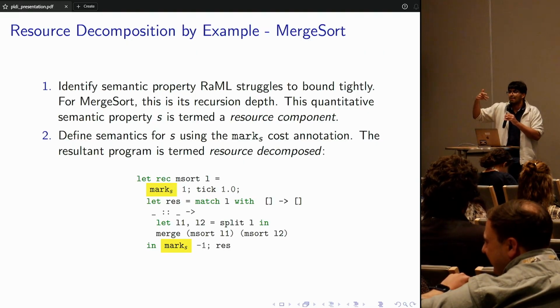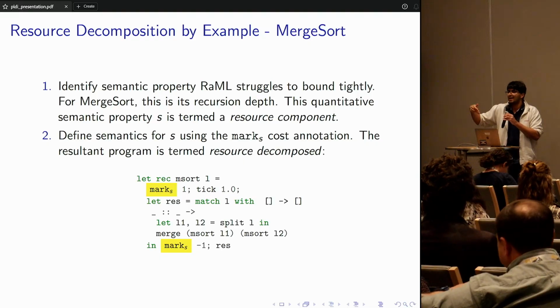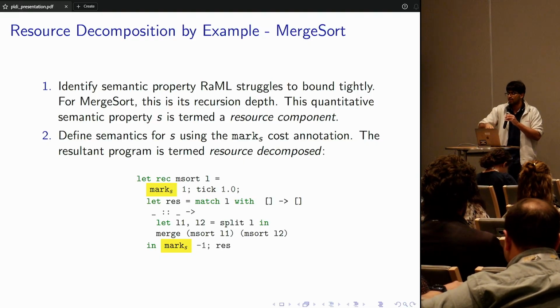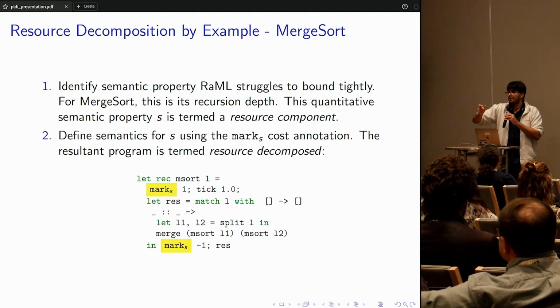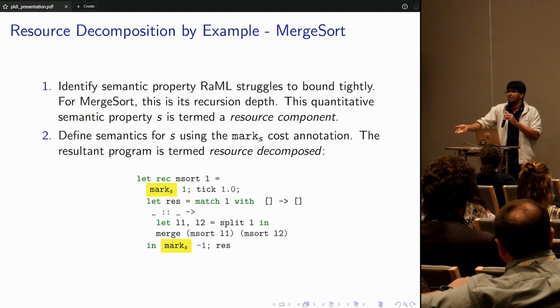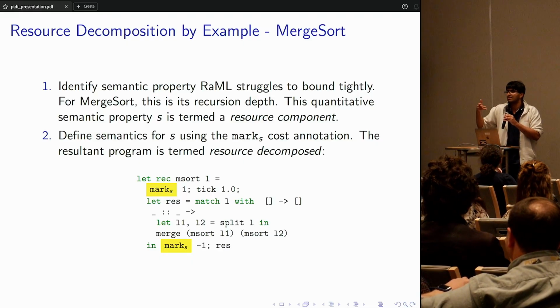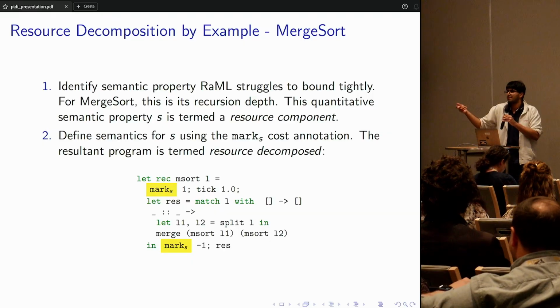Now, if the user happens to not use this domain knowledge and forgets to include these mark annotations, then the recursion depth of that function will be bounded by RAML, and we know that's going to be loose. So sure, you can just forget to put marks, and then even resource decomposition might give you asymptotically loose bounds. Okay, makes sense.